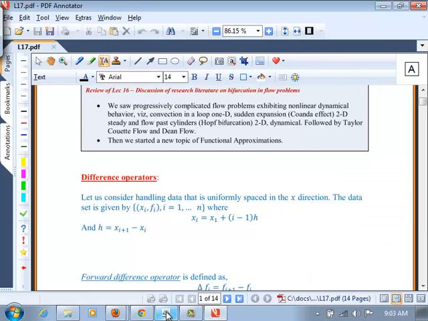So we are entering into the next phase of the course where we are going to look at solving differential equations. We are setting it up maybe in a lecture or two, covering basic ideas in functional approximation, and then we will move on to ordinary differential equations and initial value problems, boundary value problems, some of the algorithms, ideas that are used, concepts of stability, numerical stability, and sources of truncation errors.